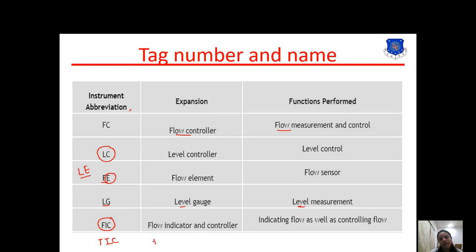The full form of TIC is temperature indicator and controller, and the function of TIC is indicating the temperature as well as controlling the temperature. So these are some tag numbers and names of the system. They are used in process and instrumentation.